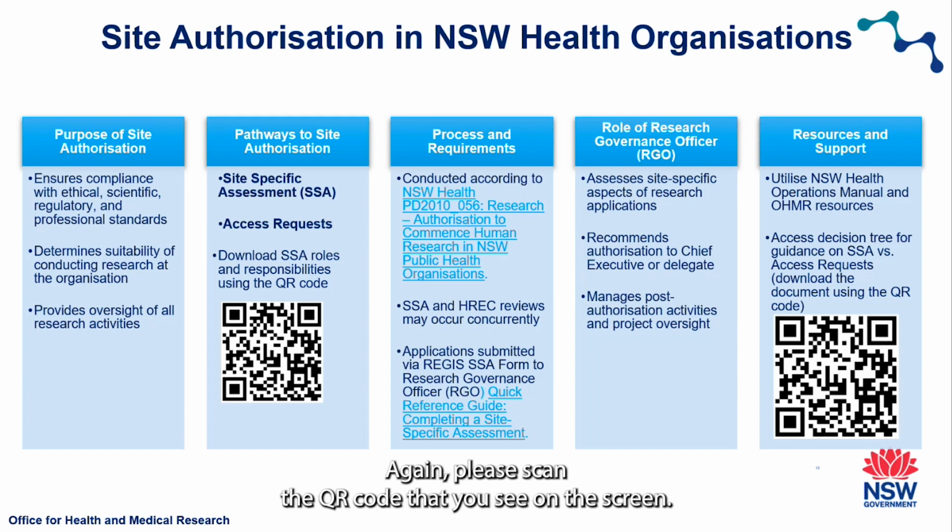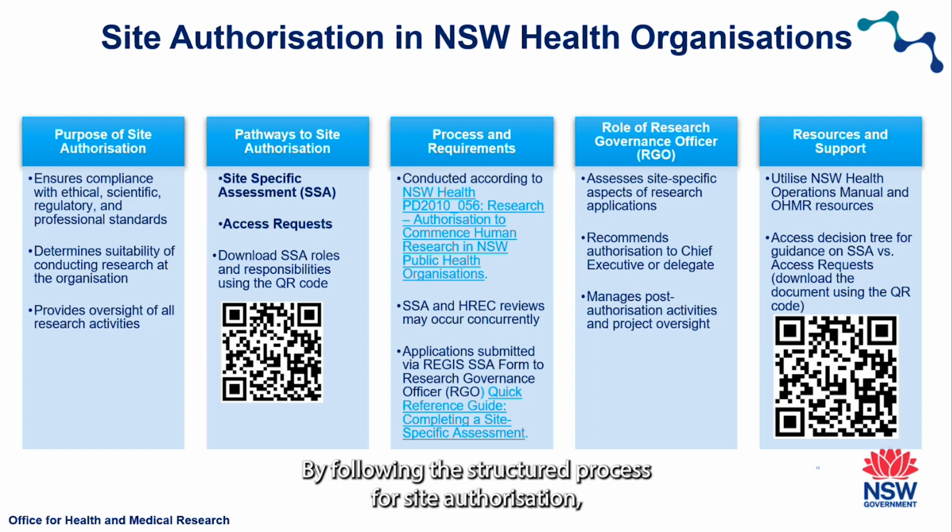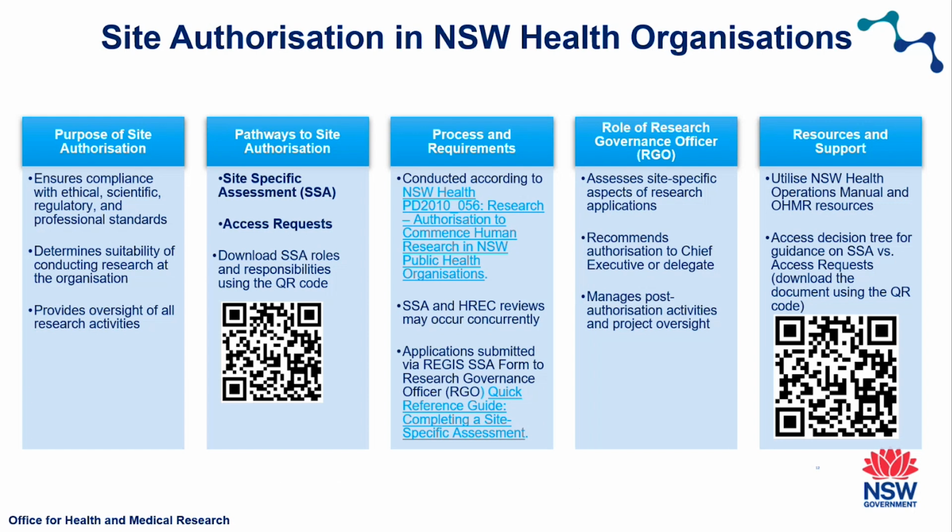Again, please scan the QR code that you see on the screen. This resource helps researchers determine whether an SSA or access request is more appropriate for their research project. By following the structured process for site authorization, leveraging REGIS for streamlined submission, and collaborating with RGOs and department heads, one can ensure a successful approval.